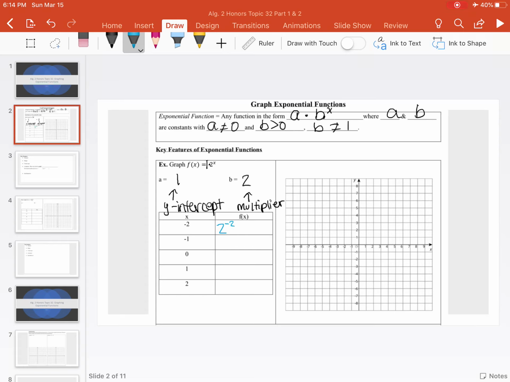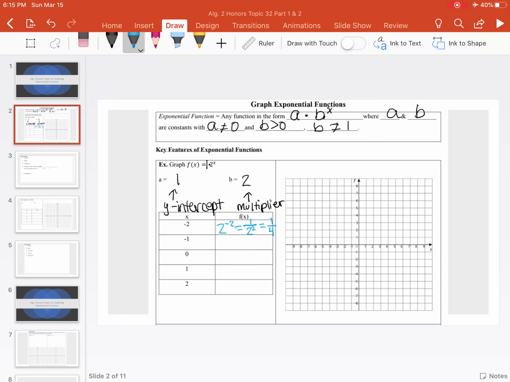And we know from our properties of exponents, whenever we have an exponent to the negative power, that's the same thing as 1 over 2 to the positive 2 power. So if we bring that exponent down to the denominator, it becomes positive. So now this looks a little bit easier to simplify. We know that 2 squared is 4, so it reduces to 1/4.